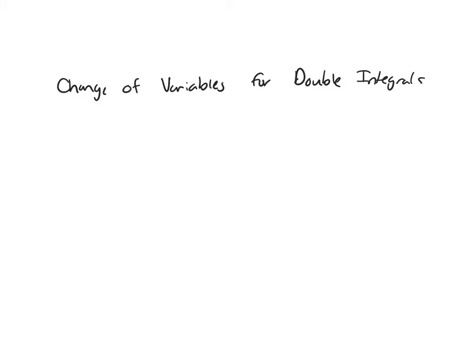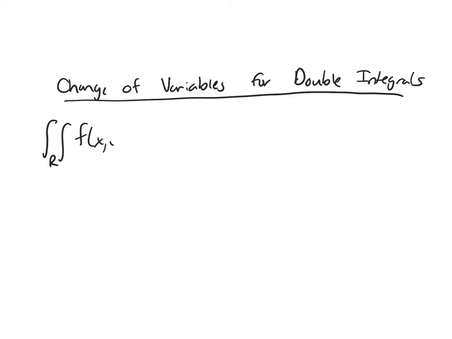So let's take what we learned about change of variables and apply it now to double integrals. If I'm looking at double integrals over R and I want to do a change of variables, I want to switch to U and V, my region is going to change. Now it's going to correspond to S, which is the corresponding region in the UV plane.